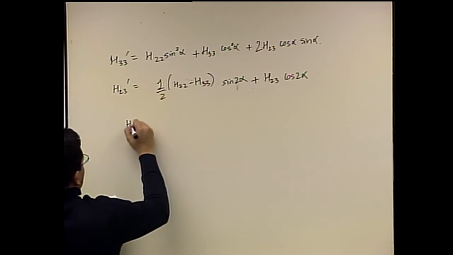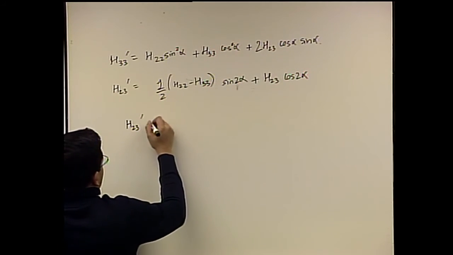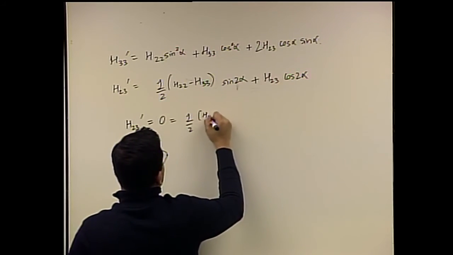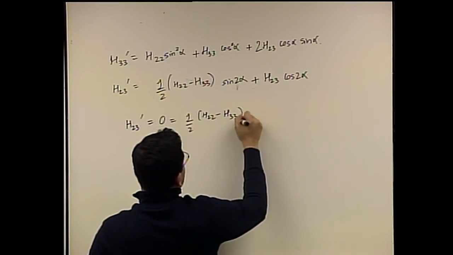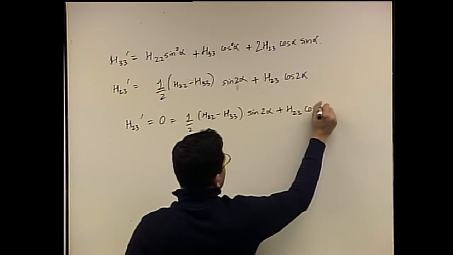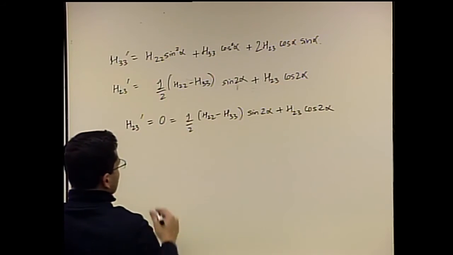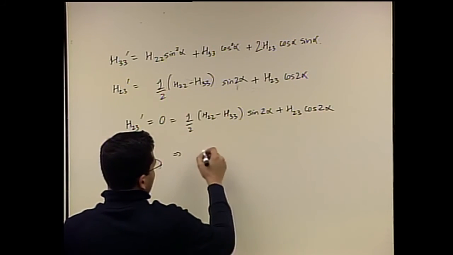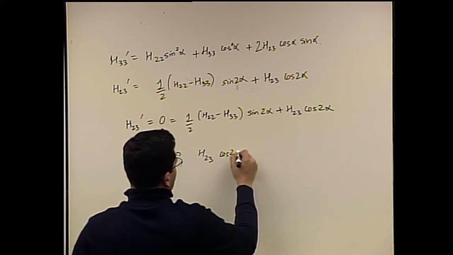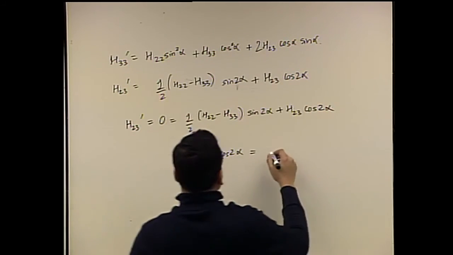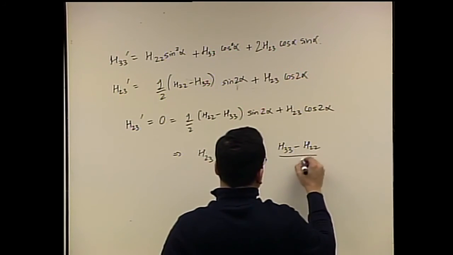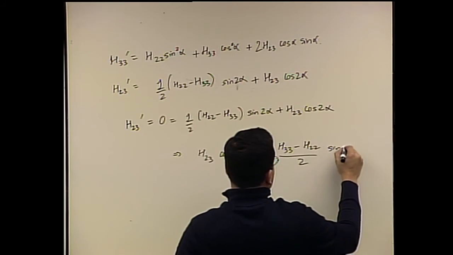So what we essentially do is assign H23 prime equal to 0. It means 1 over 2 H22 minus H33 sine 2 alpha plus H23 cosine 2 alpha goes to 0. So it means H23 cosine 2 alpha is equal to H33 minus H22 over 2 sine 2 alpha.